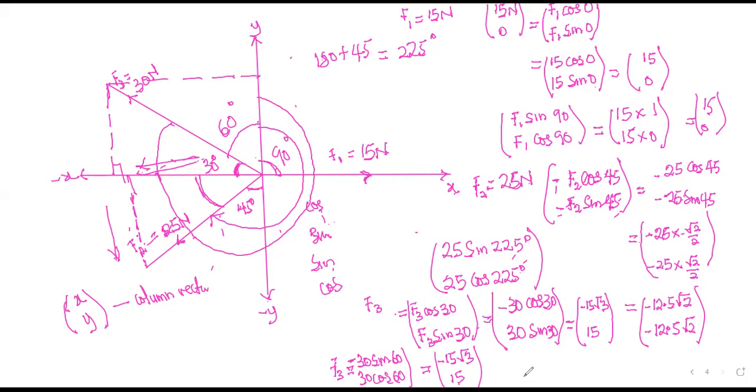So we can also have the same component using 15. The force is 30. This time, because we are taking the angle from the positive y, it is 30 sine of the whole angle, which is 300, then 30 cos of 300.